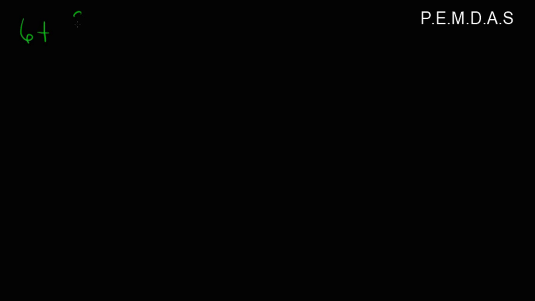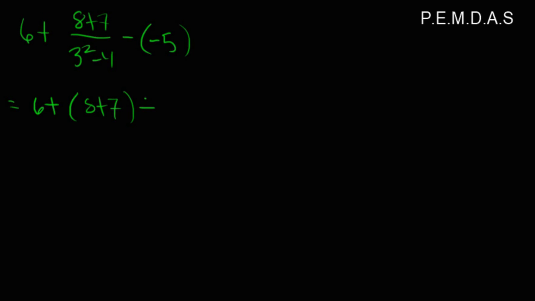6 plus (8 plus 7) over (3 squared minus 4) minus a minus 5. So that can be written as 6 plus (8 plus 7) divided by (3 squared minus 4) minus a negative 5.